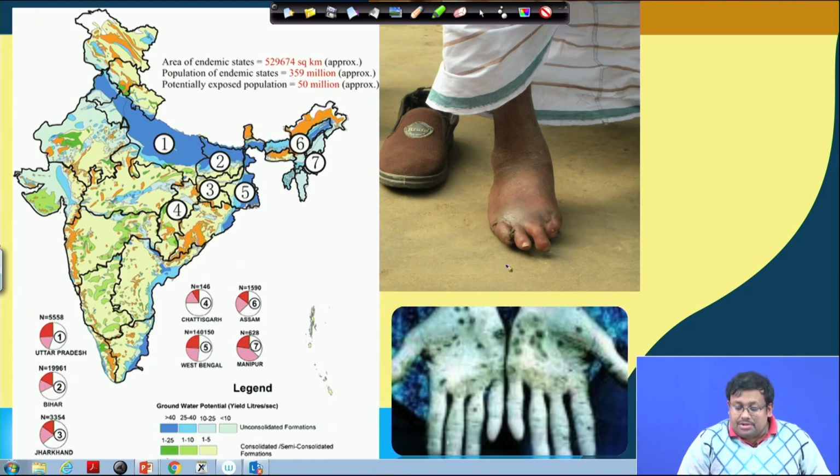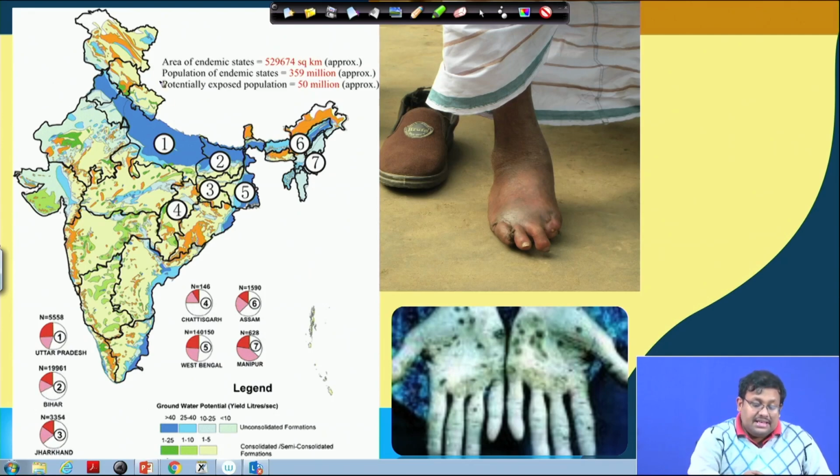However, this also shows some health impacts of arsenic. As you can see, consumption of arsenic-laden groundwater for a longer period of time produces different types of health impacts and ultimately produces cancer. So, that shows the impact of arsenic pollution.